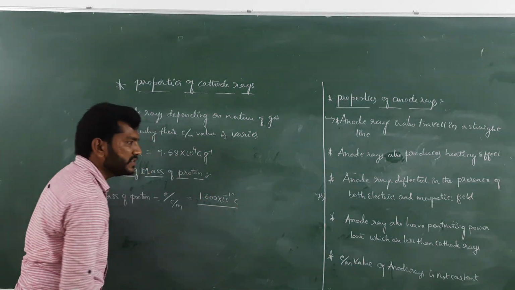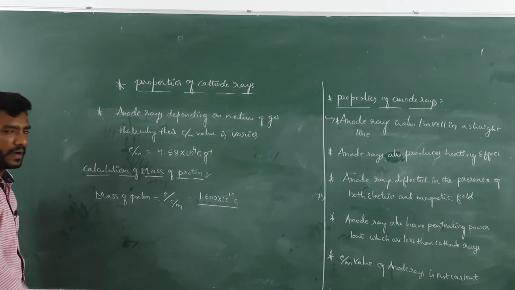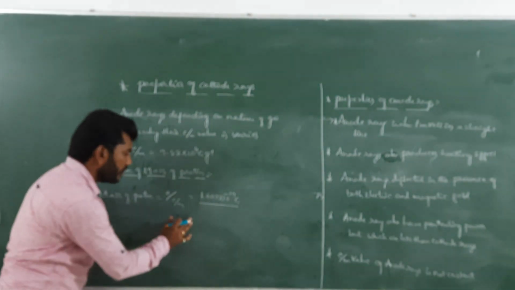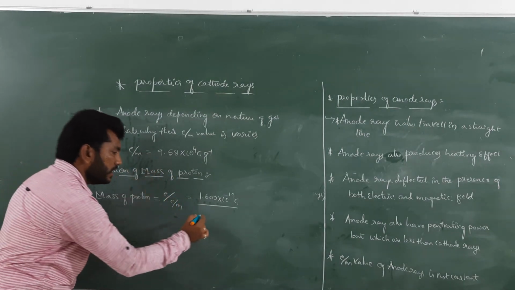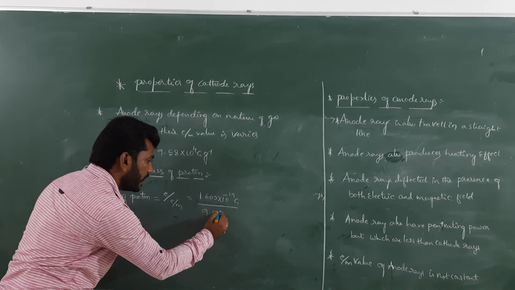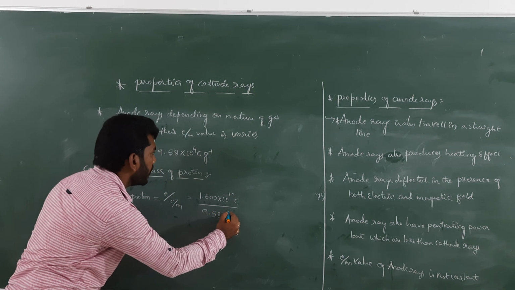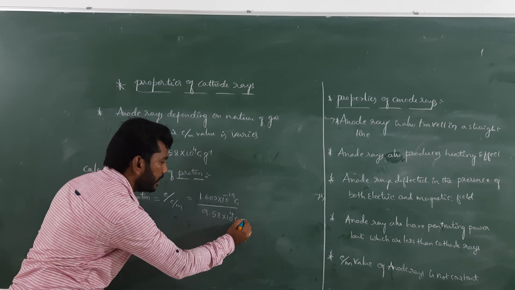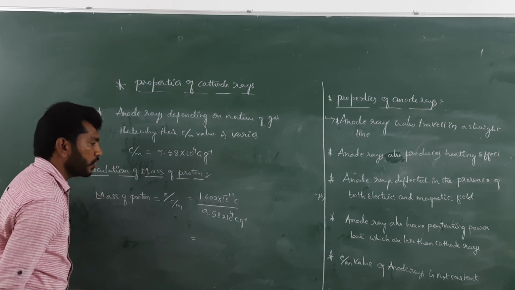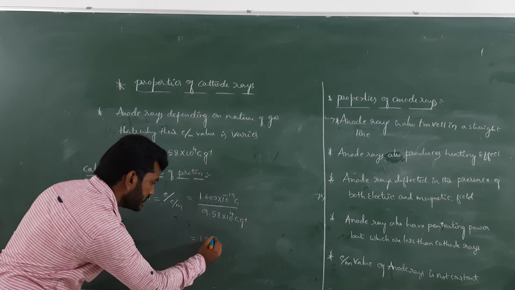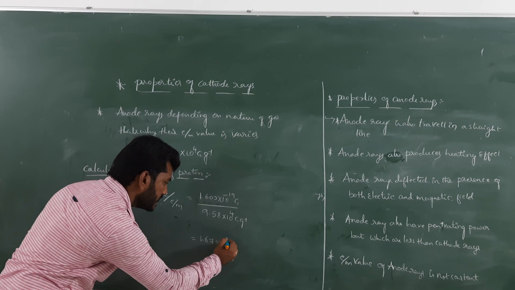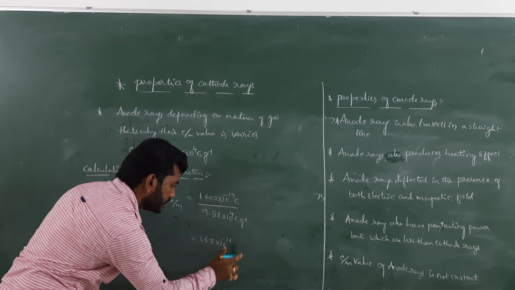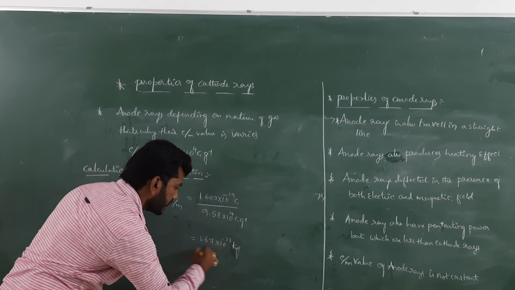But we do not mention the charge sign while discussing mass. The e by m value for the proton is 9.58 into 10 to the power of 4 coulomb per gram. So ultimately we get 1.67 into 10 to the power of minus 27 kg.